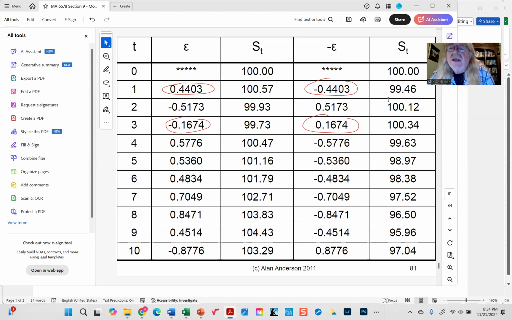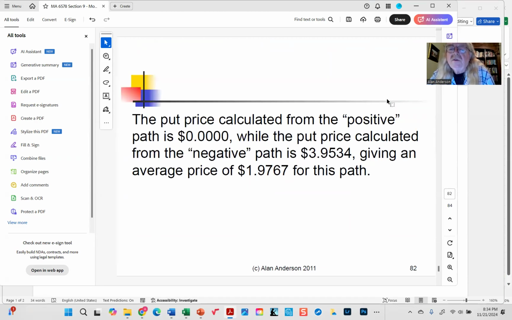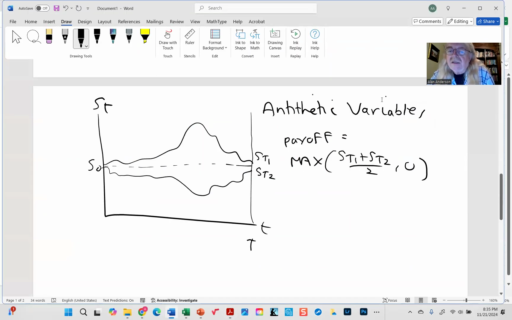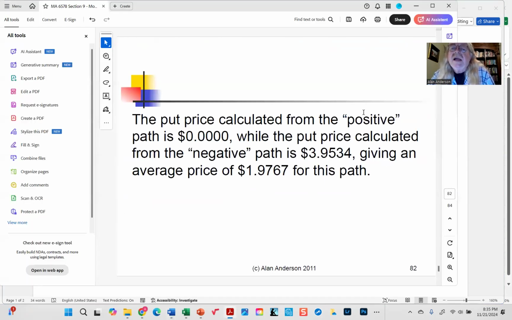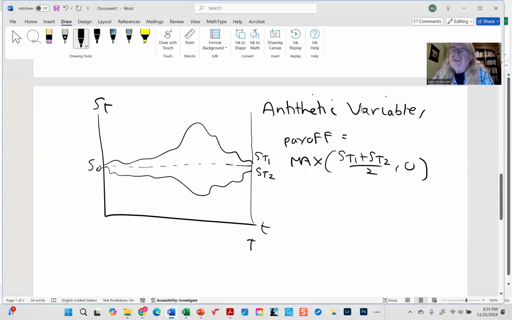You end up with two paths that will look similar to this, in other words, mirror images of each other. At the end, we capture the average of the two, and that gives us a single payoff. Then we average out all those payoffs, discount them back to the present, and we have a price. We can show that this will reduce the processing time by up to 25%.